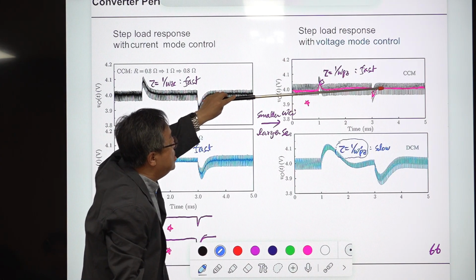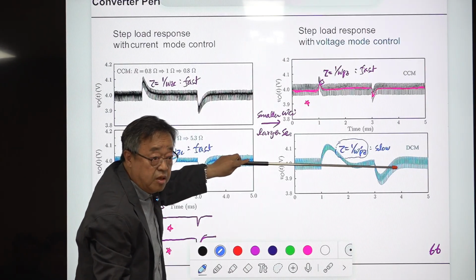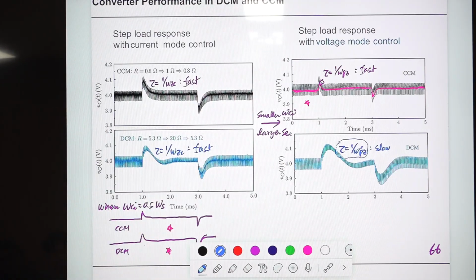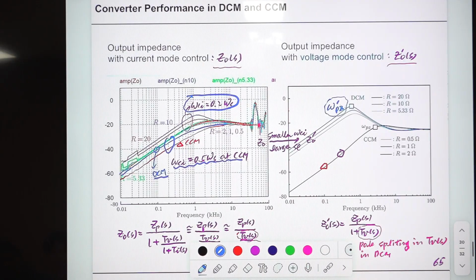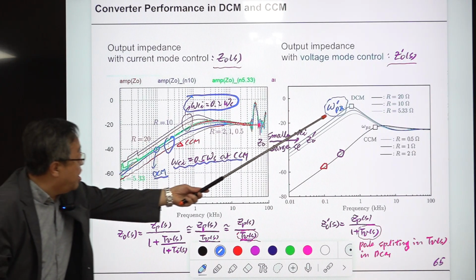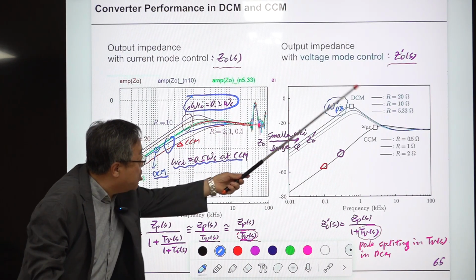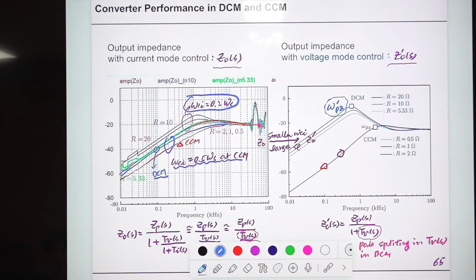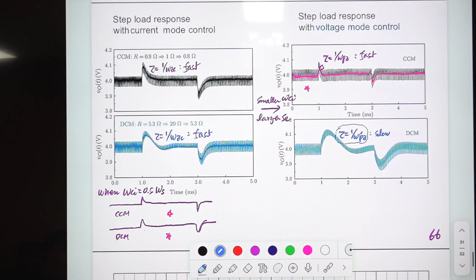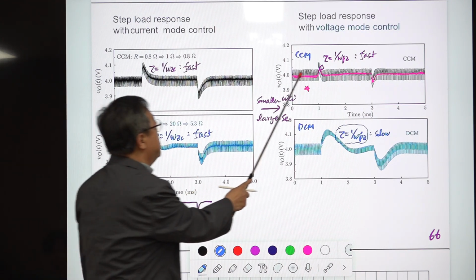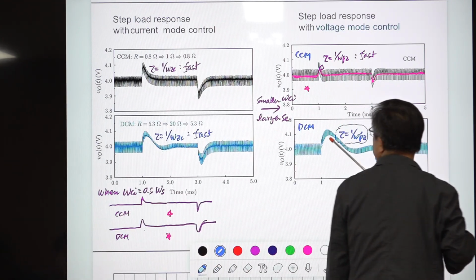And this is the CCM, and this is the DCM. Because at the DCM, the magnitude of output impedance is increased, and it has a very low pole, and this generates some oscillatory behavior. So that is reflected. So this is CCM, DCM. Okay. So very different. So CCM is excellent, but DCM is very poor.